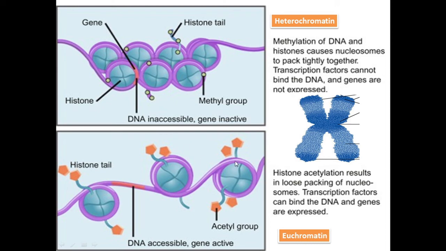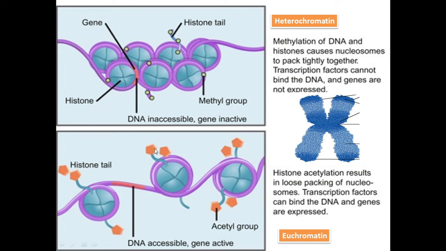And in euchromatin, this methyl group is replaced by acetyl groups. Because of this replacement, the packing of nucleosomes opens and converts into a relaxed form, so that the DNA is now accessible and enzymes and transcription factors can go and bind to this DNA so that it will express, and that means the action is performing.